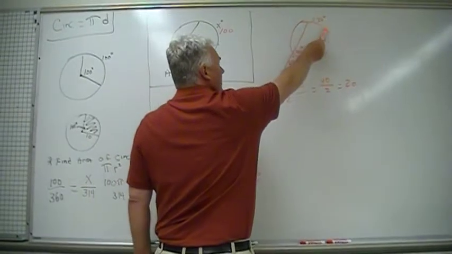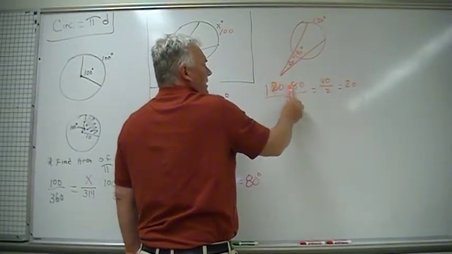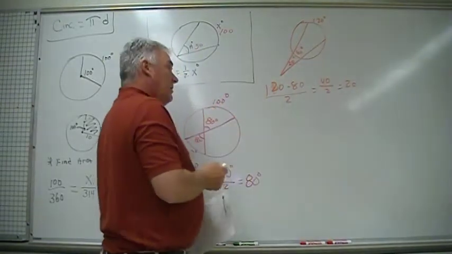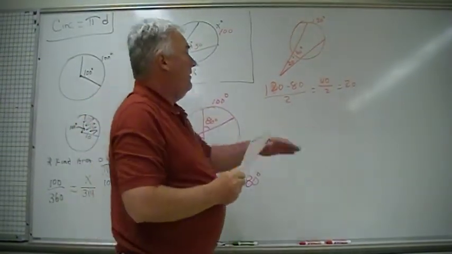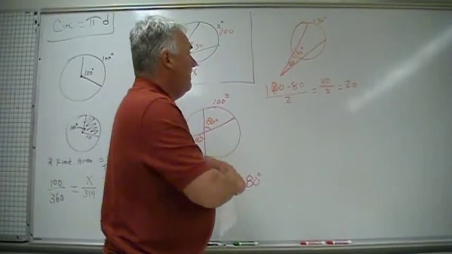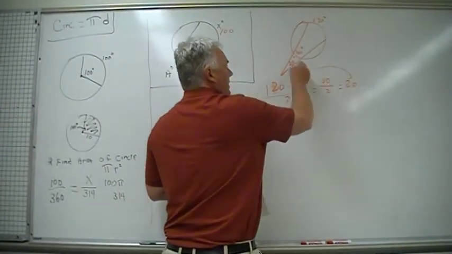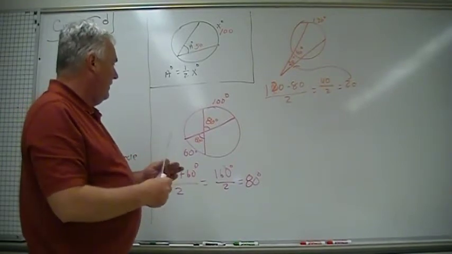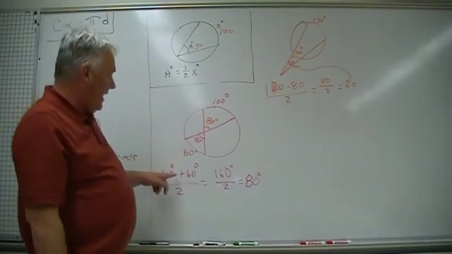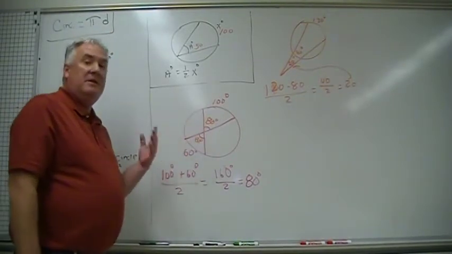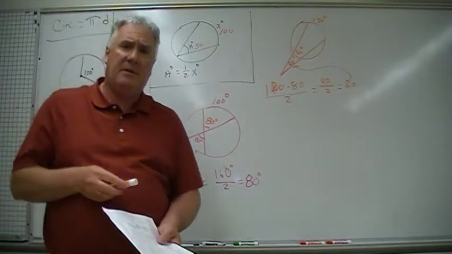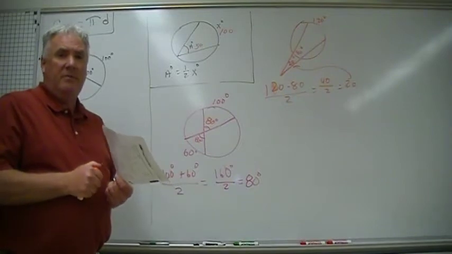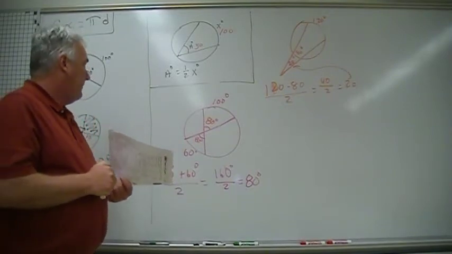So 120 and 80, the difference is 40. And then you cut that in half for 20, and that will be the measurement of that angle. Now that's different than these. Here you've got to remember to add the outsides. And that's one of the things that makes this tough. It's a tough chapter with a lot of little things to remember for tomorrow.